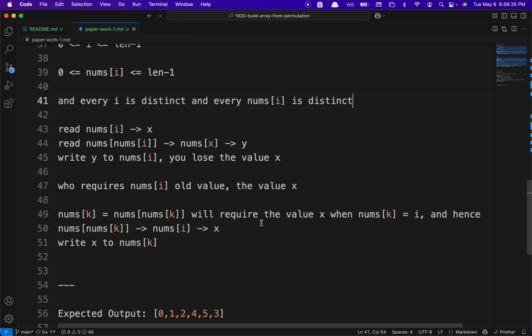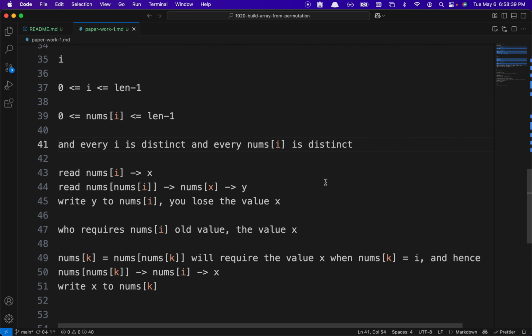With this in mind, if there is an I where nums of k is equal to I, it's like a pair now. So only this will have I. No one else will have anything as I. Only nums of k will have I, right?